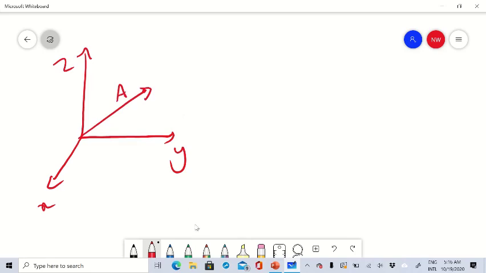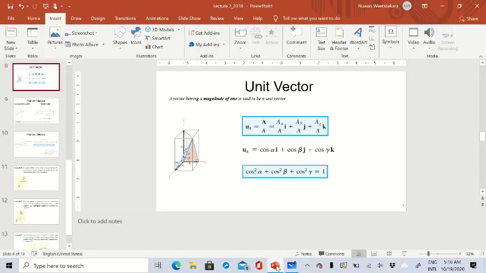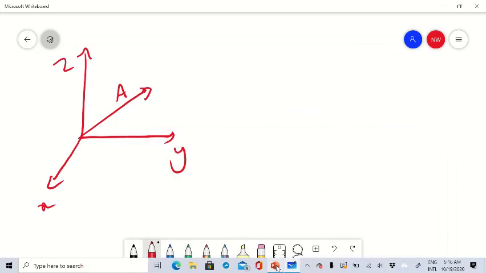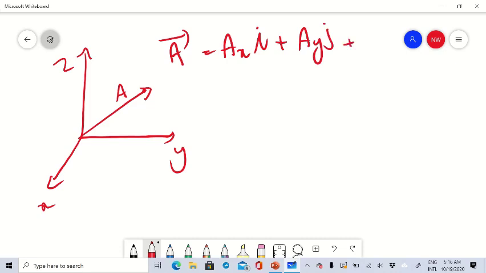So a can be expressed as vector a is equal to ax i plus ay j plus az k, right? So what is the magnitude of a?